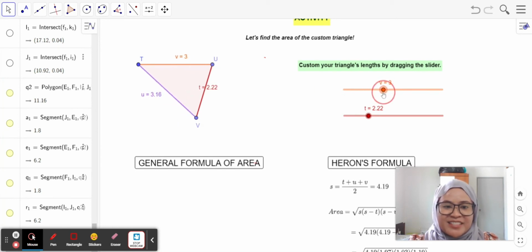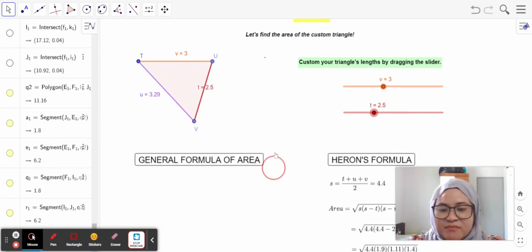So you can check, let's say the value of V here, the small letter V, is 3, and then slide your slider here. Let's say T is 2.5.